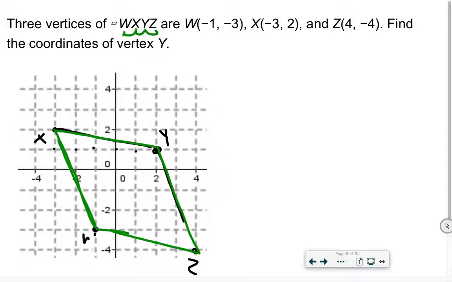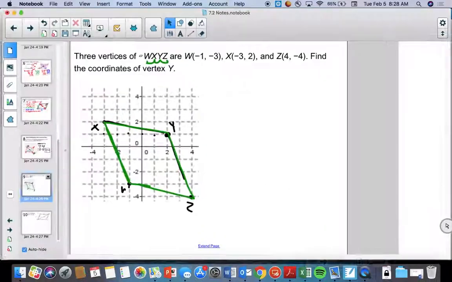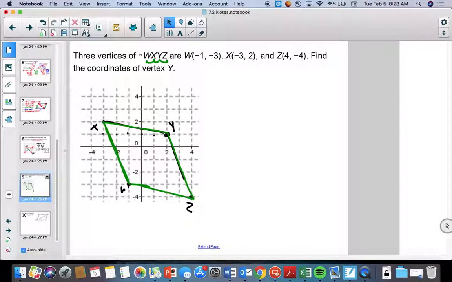Okay, so I think I said this yesterday, but your section 3 is really just the converse of section 2. In section 2, they say, okay, this shape is a parallelogram, find this length, or find x, or find the diagonal. Now it's going to say what value of x makes this a parallelogram, or what proves it's a parallelogram.